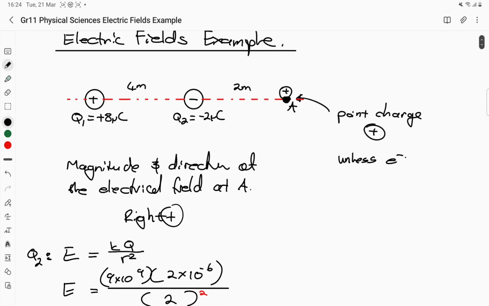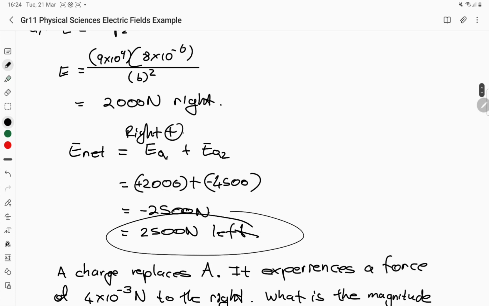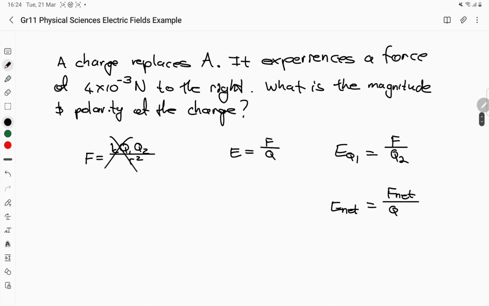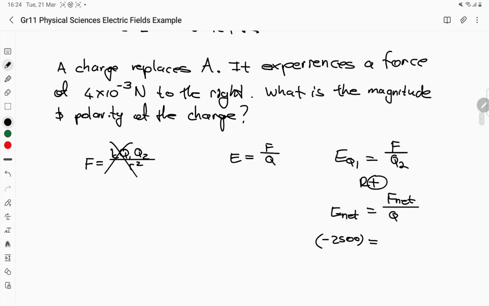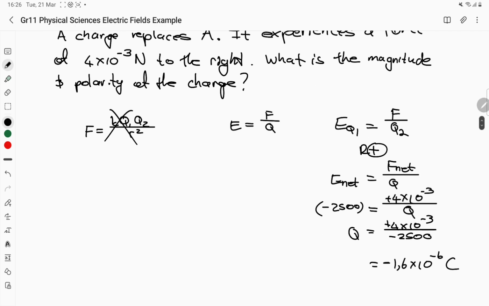We said, from Q1 and Q2, it was 2,500 newtons to the left. Let's go right positive, so we have negative 2,500. And the force experienced is given.